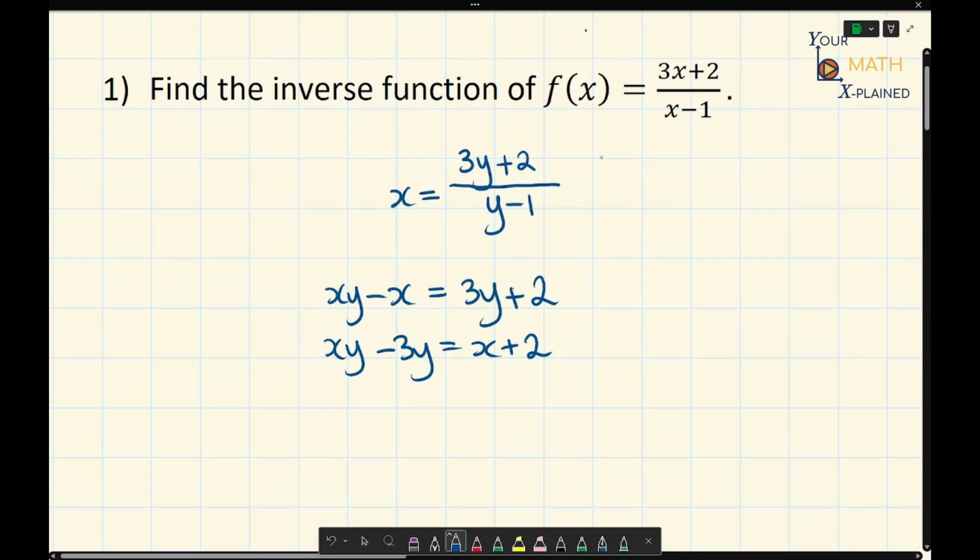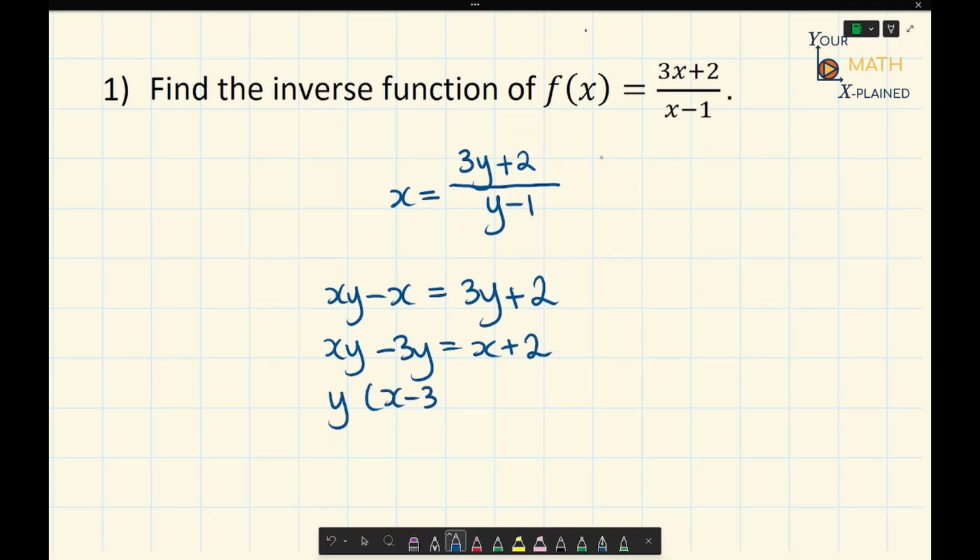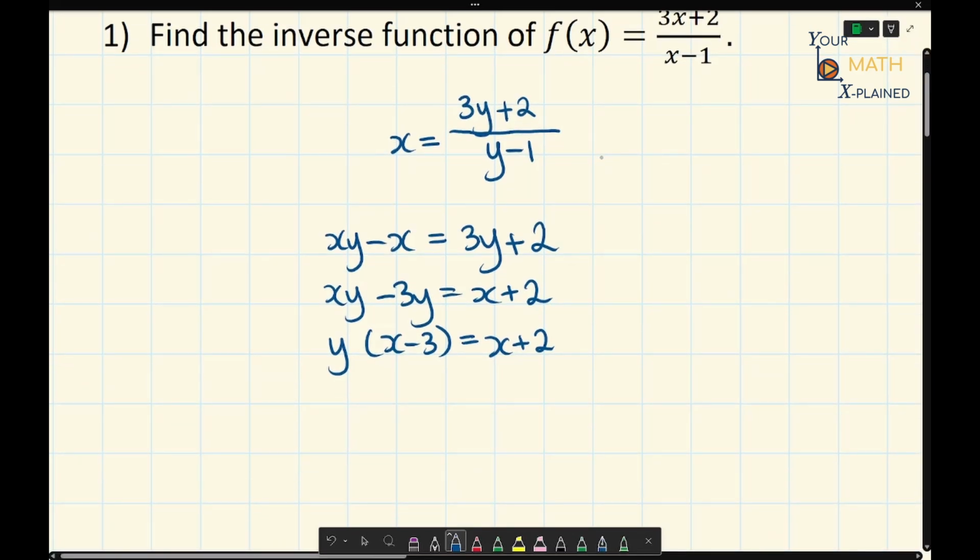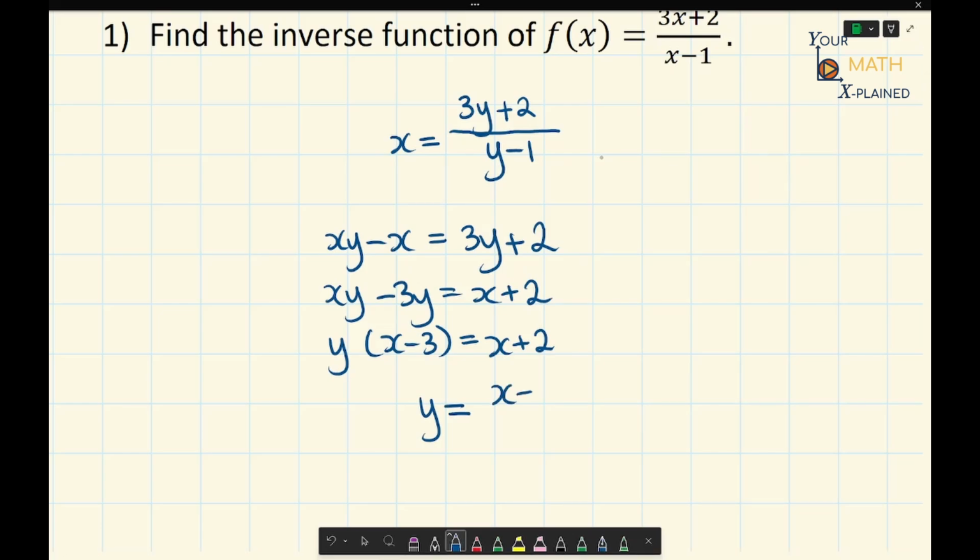So that's going to give us y times x minus 3 is equal to x plus 2. So now we can finally isolate our y. So which means we're going to get y is equal to x plus 2 over x minus 3.